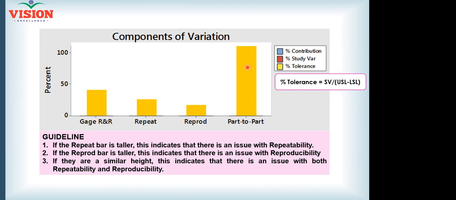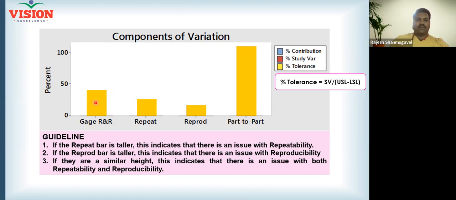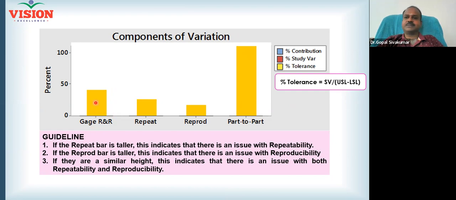Measurement error. Do you think measurement error is more than the real problem? Real problem is this one. Measurement error is this one. Which one is bigger? Real problem. Real problem is bigger. That's how the situation should be always. Right?